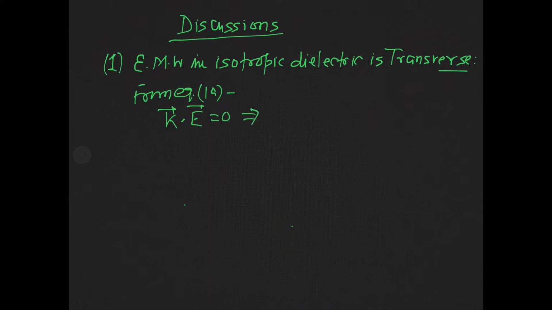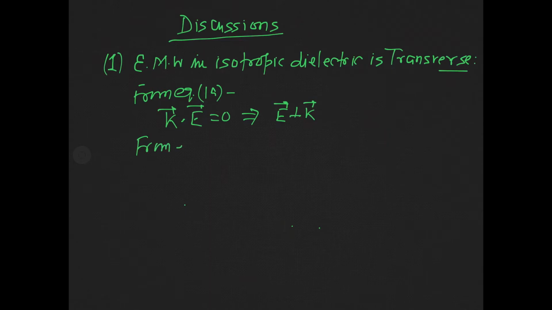As these two vectors k and E are non-zero vectors and their scalar product is 0, definitely in this condition these two vectors are perpendicular to one another. So we can say that E is perpendicular to k.